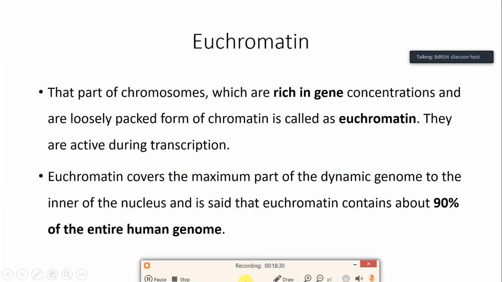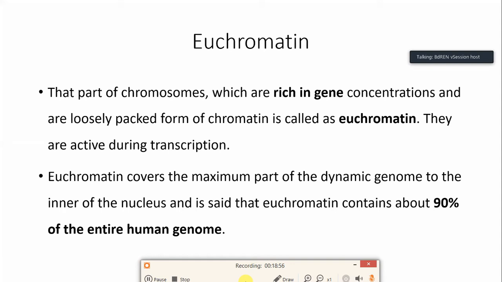Now I'm going to the second type of chromatin, that is known as euchromatin, which is found as lightly stained material in the nucleus. The part of the chromosome which is rich in gene concentration and is a loosely packed form of chromatin is called euchromatin. They are active during transcription.